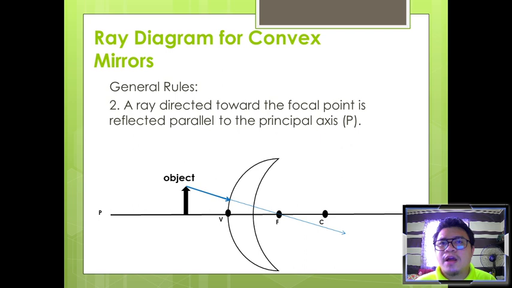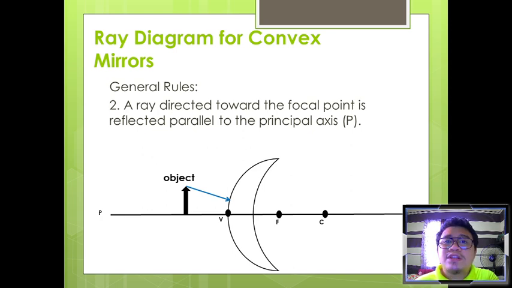I intentionally made a difference in the arrows' thickness here because I want you to understand that the arrows represent the light rays that enter or strike the surface of the mirror. But in a convex mirror, because the reflecting surface is on the outward side of the sphere, you need to understand that it only hits at this point.